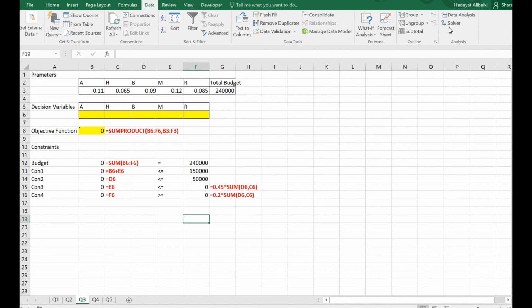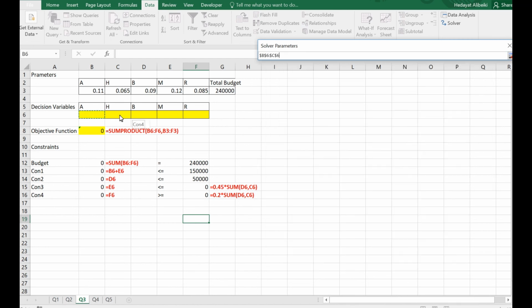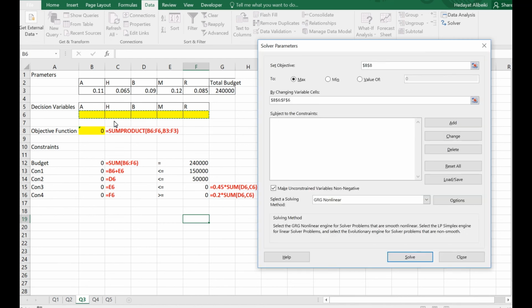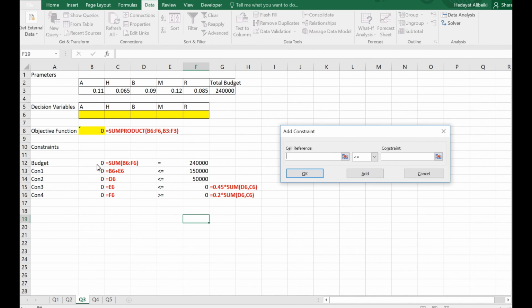It came up. Okay. So if we go to Solver, we want to maximize profit. We want to maximize expected return by changing these 5 guys, the amount of investment in different industries, subject to the budget constraint.